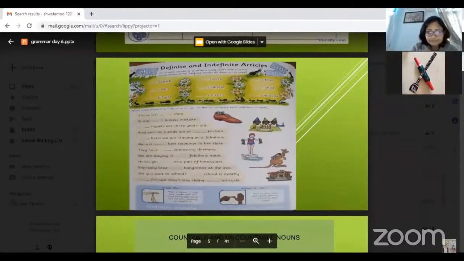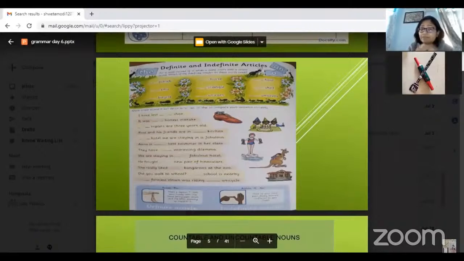What will come? "The." Yes, the best swimmer. "The hotel we are staying in is fabulous." I am telling you about the particular hotel where we are staying, so that's why it's the hotel.